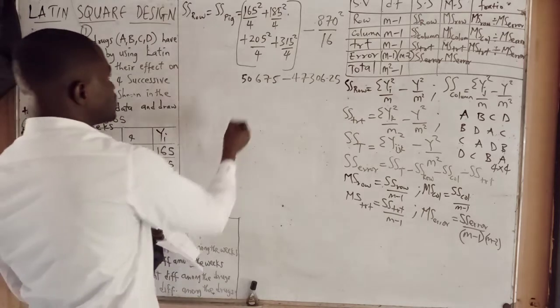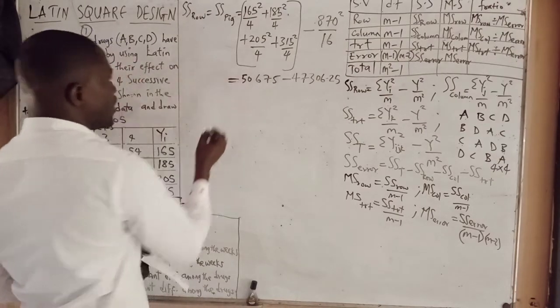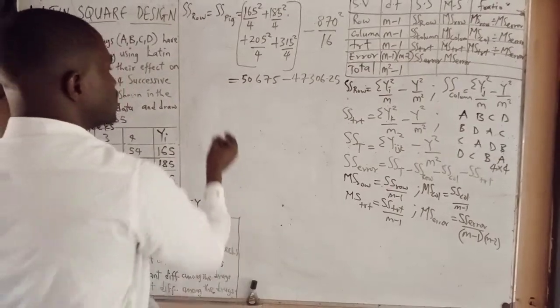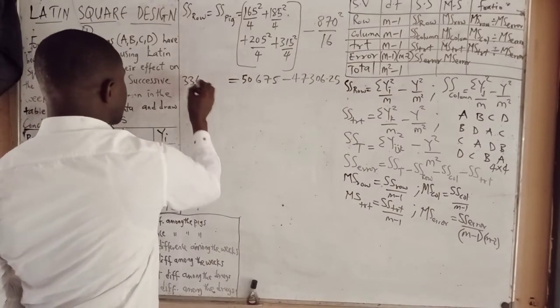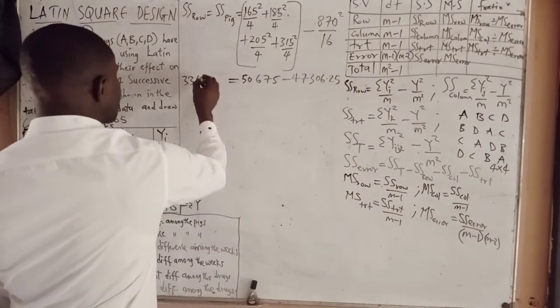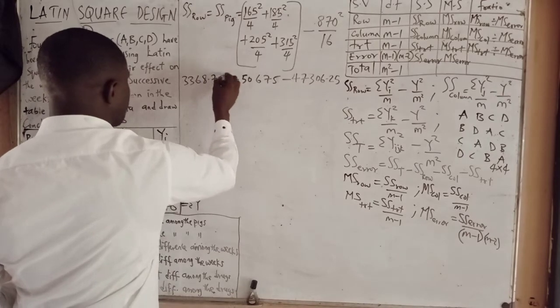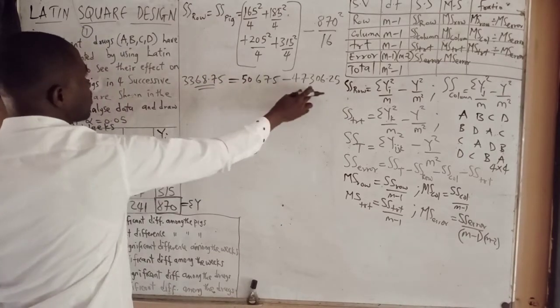When you subtract the two, it will be giving you 336.75. Just use your calculator and press it.